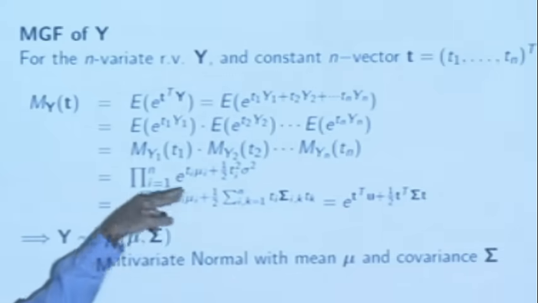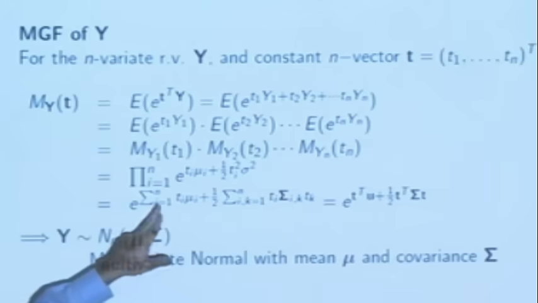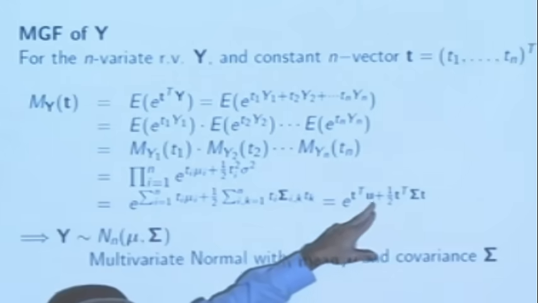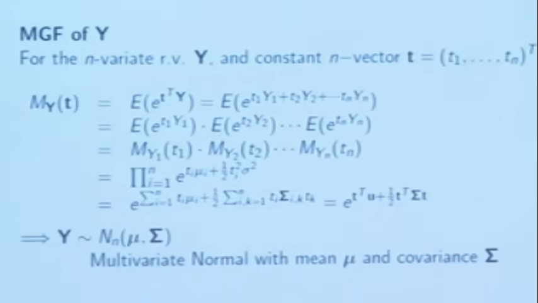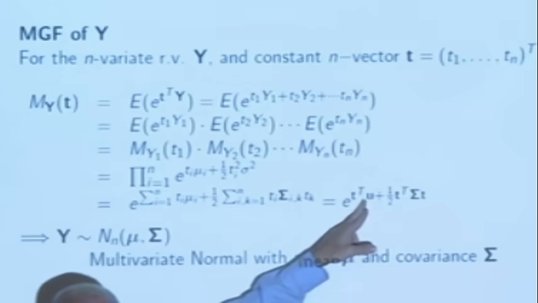And so if we have n of these, we take their product, and the moment generating function for y is simply e to the t transpose mu plus a half t transpose sigma t. And so this is its moment generating function.